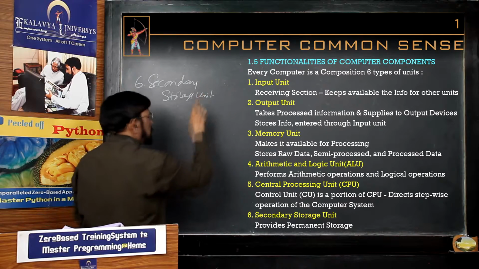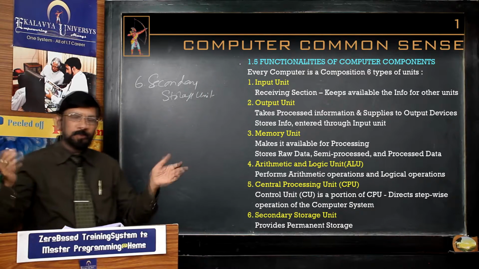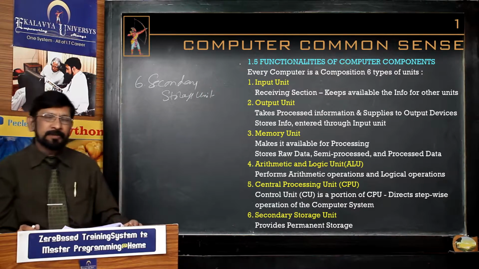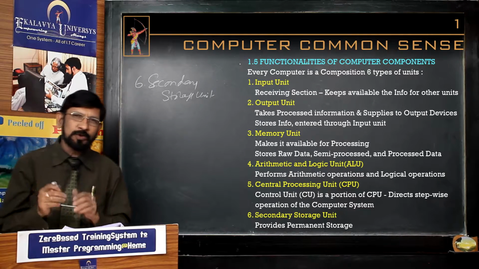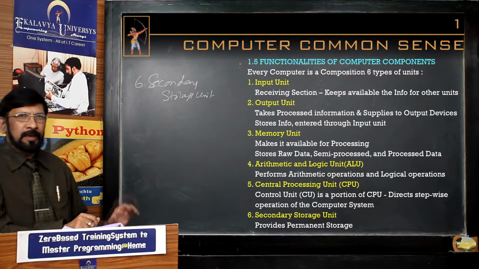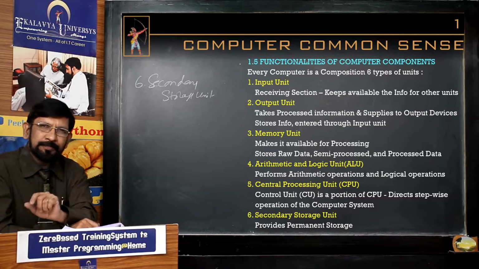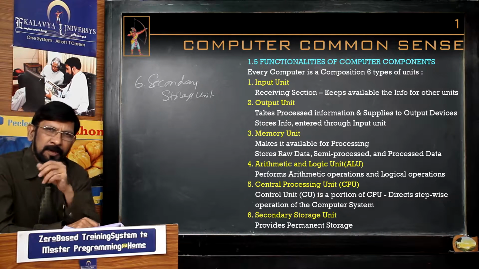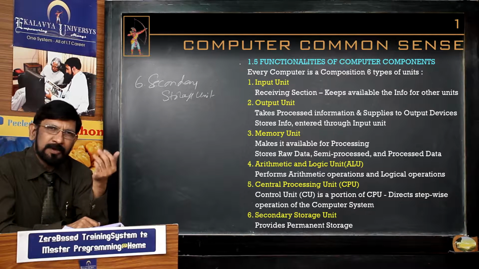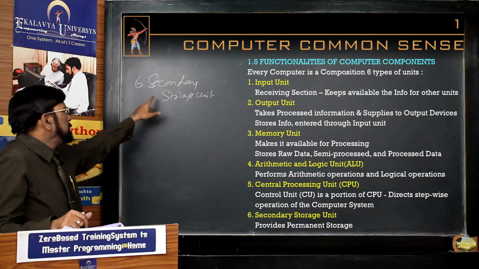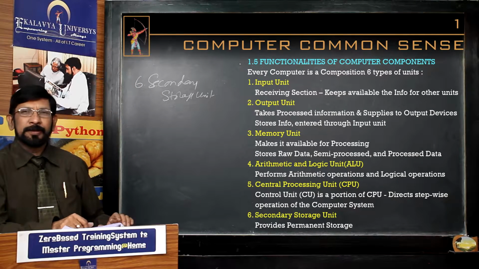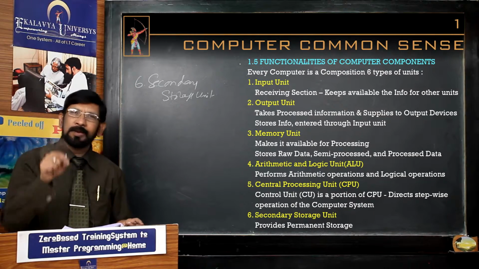Actually, in every computer, a permanent storage is required. That is normally the hard disk. Already I talked about memory, prime memory, random access memory, or main memory. That is a small memory comparatively with the secondary memory. That is the current working memory.